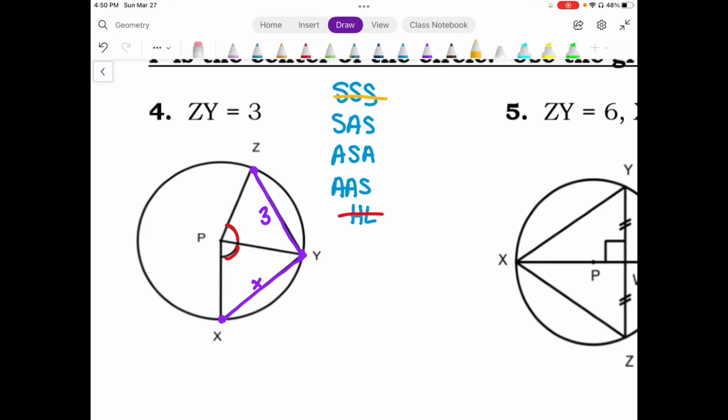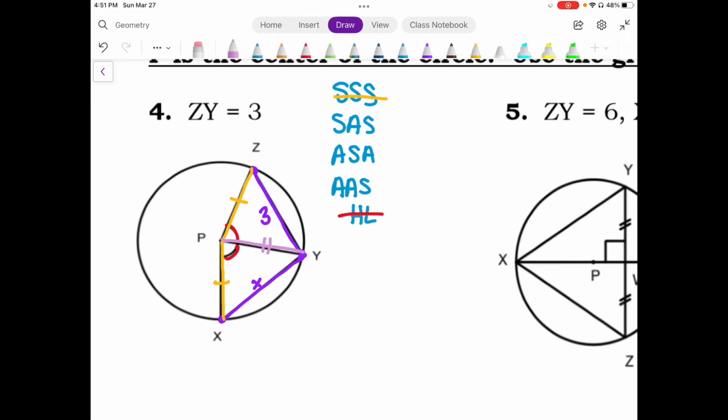Automatically, since I know an angle, I'm going to start focusing on one of the other options that uses an angle. Also, I know that PZ, this side, and this side PX are going to be the same because those are both radii in a circle. And since all radii in a circle are going to be the same length, those are going to be the same. And then my last side that I know is actually going to be PY.